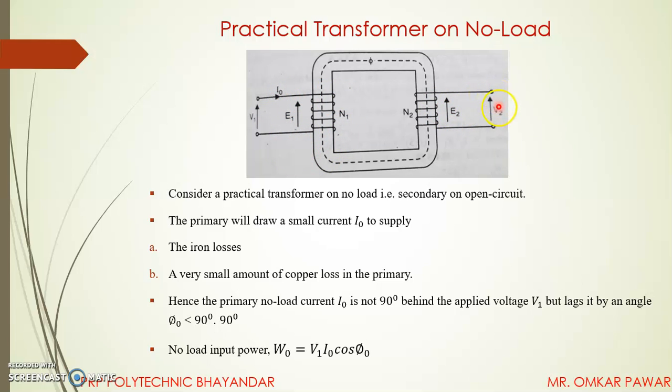As the secondary is open circuited, there will be no current flowing, so there will be no copper loss in the secondary. Hence the primary no load current I0 is not 90 degree behind the applied voltage V1 but lags it by angle phi 0, that is phi 0 less than 90 degree.